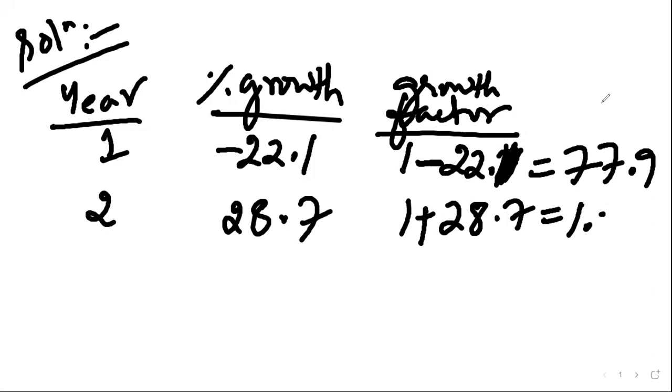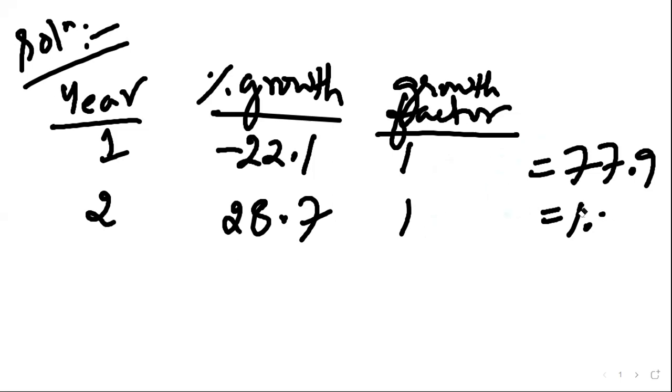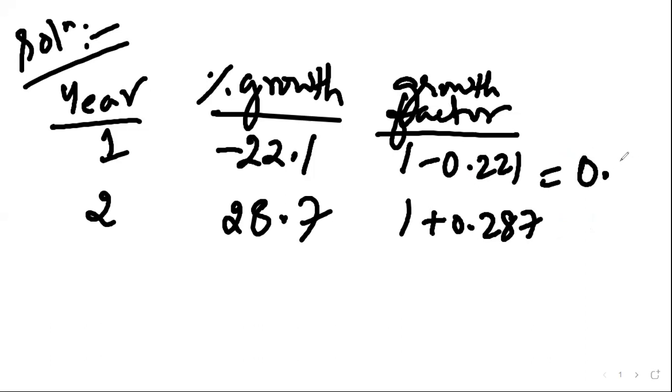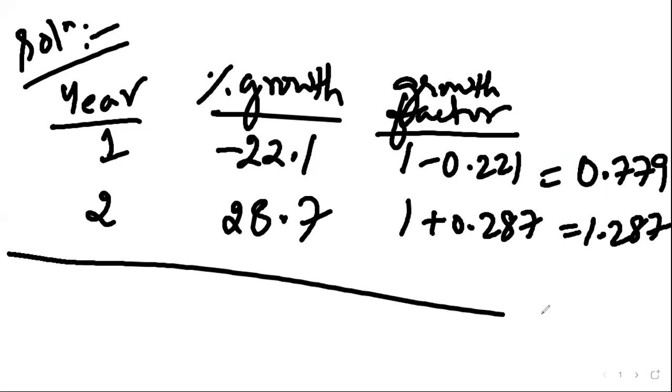Yes, we have gone wrong, just a minute. Here the growth factors should be 1 minus 0.221, which is 0.779, and 1 plus 0.287, which is 1.287, correct?